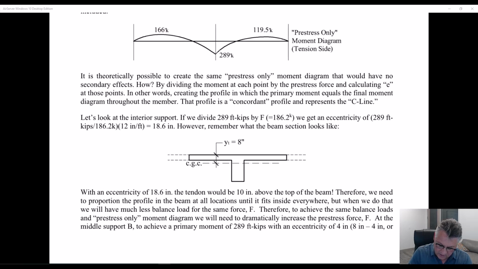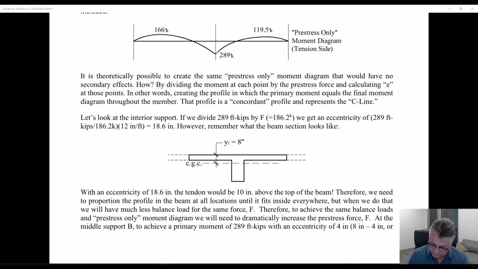So if we take this 289 foot kips and we divide by the force, that would have to be the eccentricity that we would need between the center of gravity of the concrete and the center of gravity of the tendons. If we had that eccentricity, then that force times the eccentricity would equal 289.